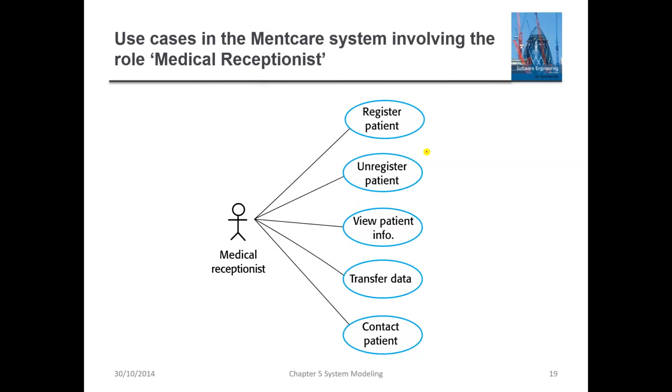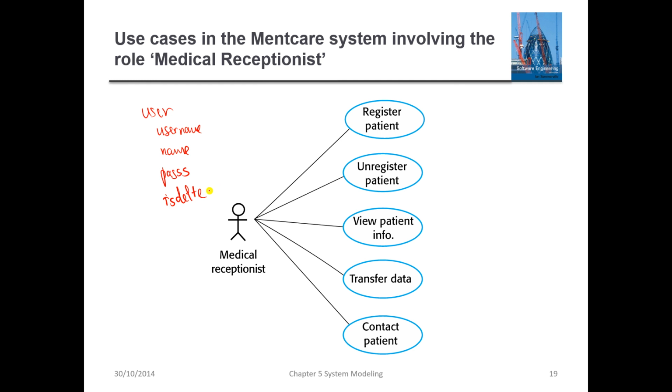Here we have the user. It has the username. We have name and we have password. And you want a flag, isDeleted, to show whether this user is deleted or not.